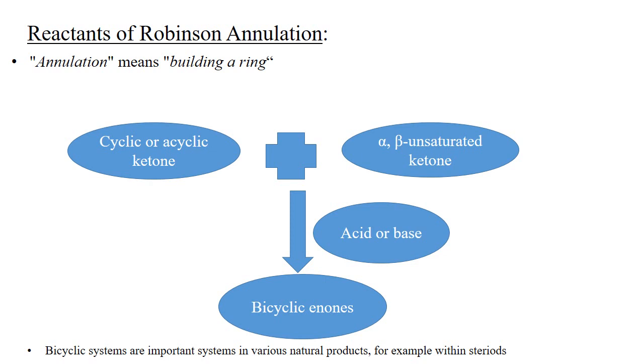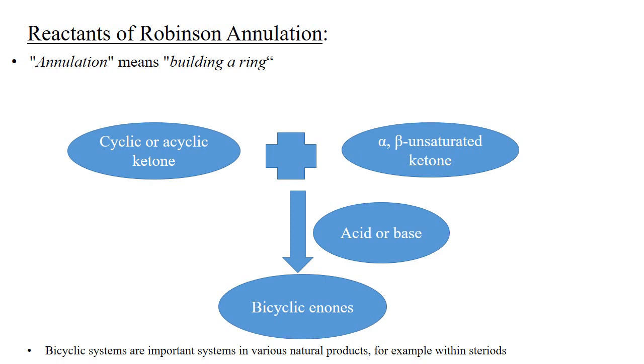Reactants of Robinson annulation reaction. Annulation means building a ring. It means ring formation occurs. During Robinson annulation reaction, the product consists of a ring system. There are two reactants for the Robinson annulation reaction. One is a cyclic or acyclic ketone.